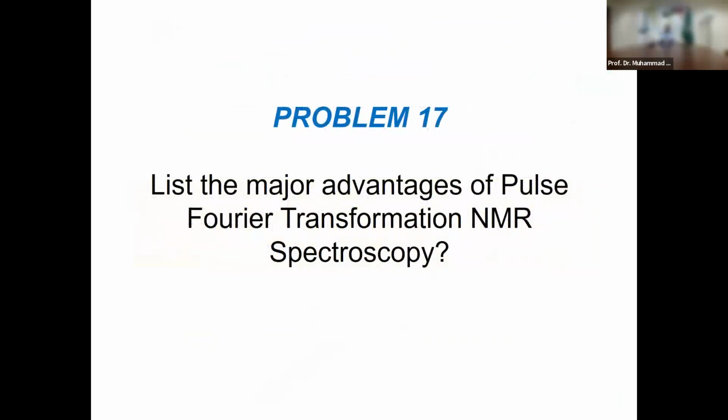And this is what we discussed last time also, that pulse Fourier transformation NMR spectroscopy is very different from classical or continuous wave NMR spectroscopy, where you simply record absorption, and you don't need to understand anything from vector diagrams to pulses, nothing, but just a simple absorption of radio frequency as it matches with the Larmor frequency of various protons, you get the signal, and that's it.